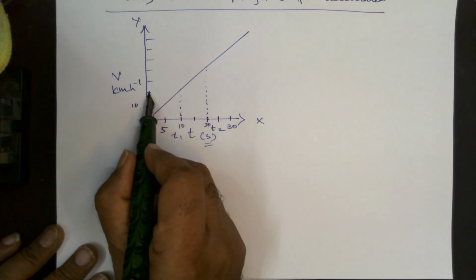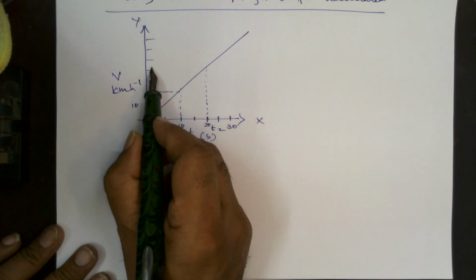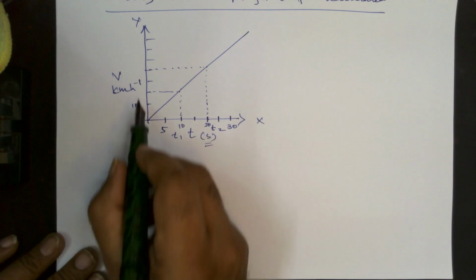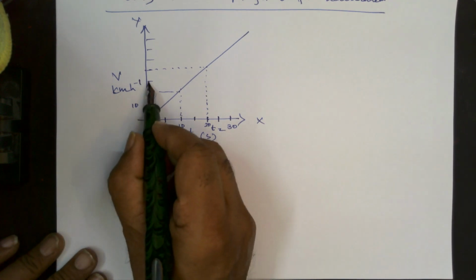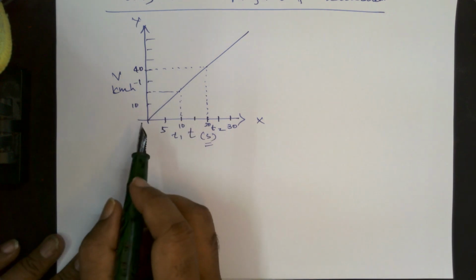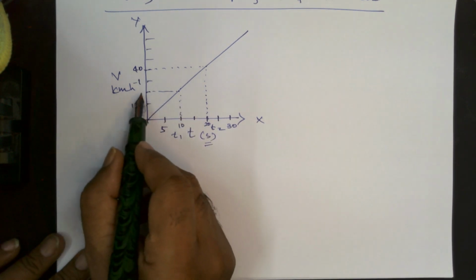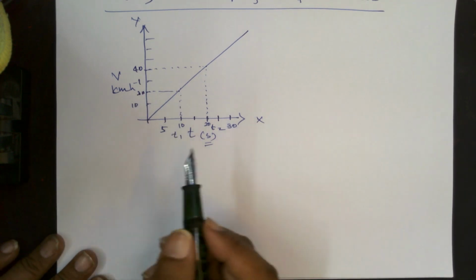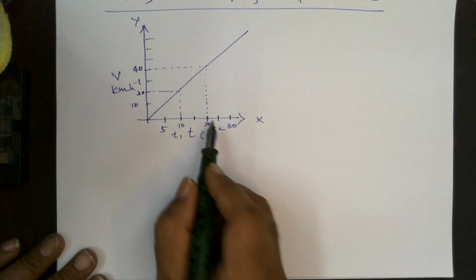So this one, this one. Okay. Now this is 10, 20, 30, 40. So this is 40 kilometer per hour, and this is 30. Okay. And what about this 10 and 20?